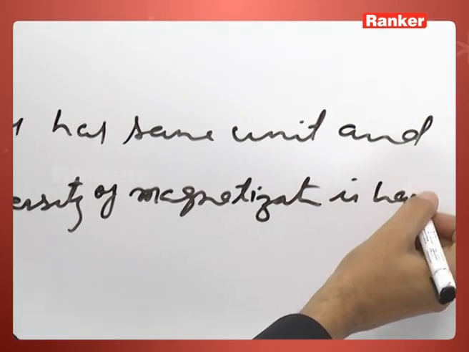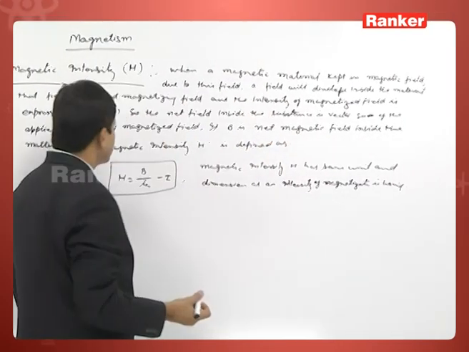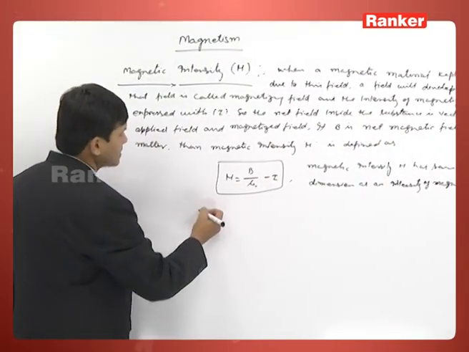So, this is the vector H we are defining.